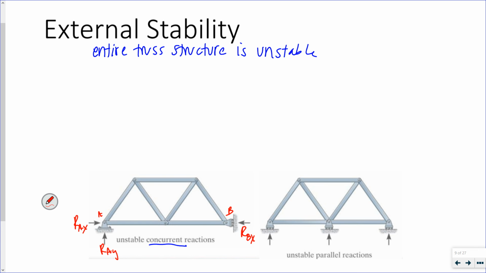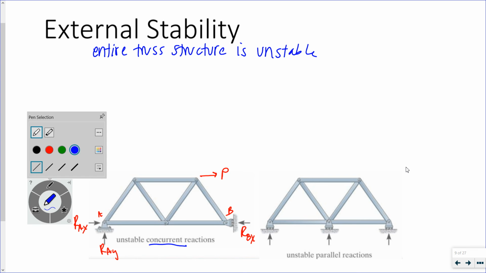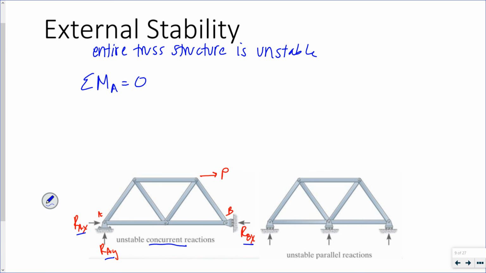If I apply a horizontal load up here and I take the moments about A, well, you notice RAX, RAY, and RBX, the lines of action all converge at A.